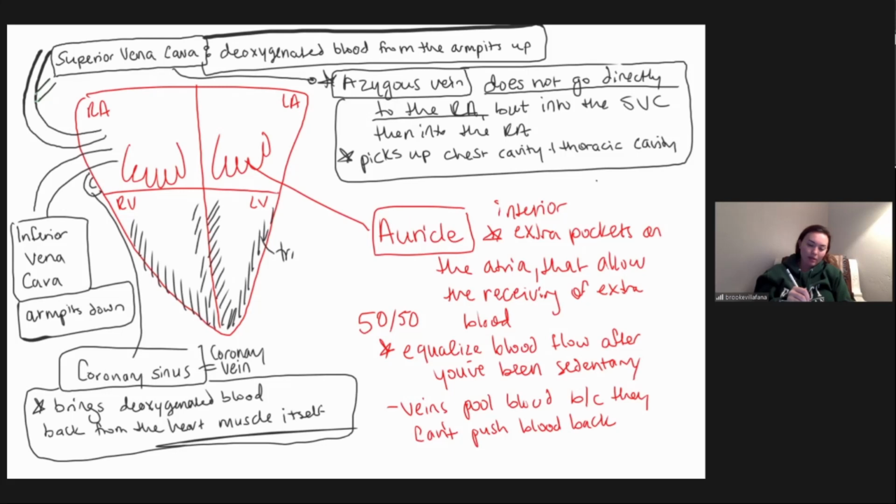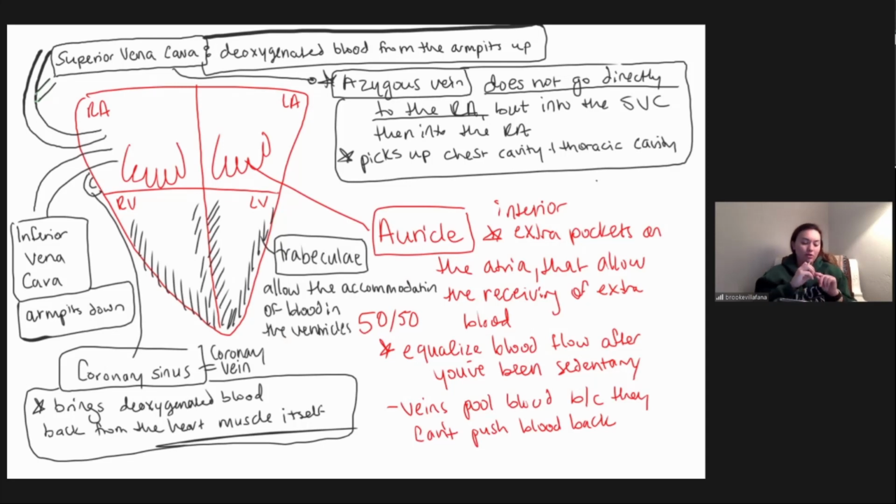But trabeculae are also found in the heart, and these allow the accommodation of blood in the ventricles. Again, that same function, allowing more blood to be in the ventricles. The ventricles are very thick with all of that cardiac muscle, so we want to make sure there's plenty of room, and so we put those trabeculae there to allow for plenty of room.